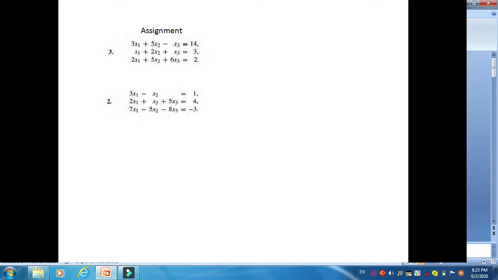Then by using the reduced echelon form you have to find the solution: first convert it into a system of linear equations, and then substitute backward to find the values of x1, x2, x3, and try to apply the lemma we have learned in lecture number 4 to prove these solutions.